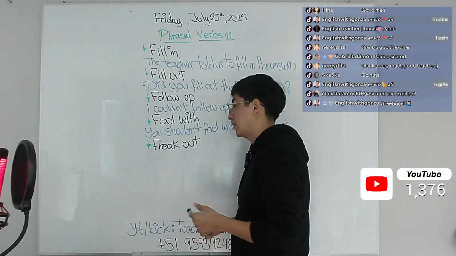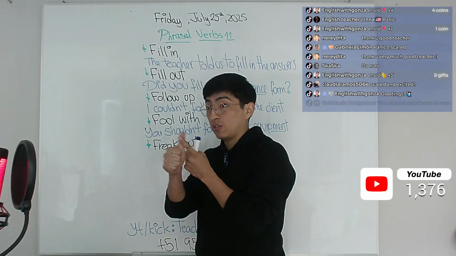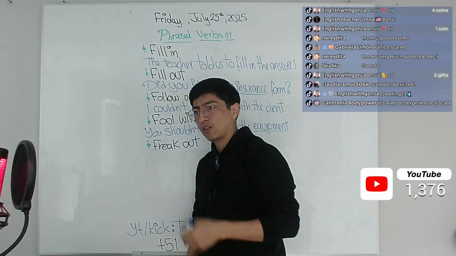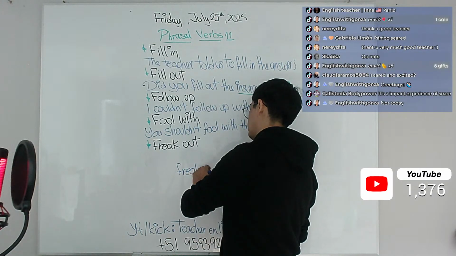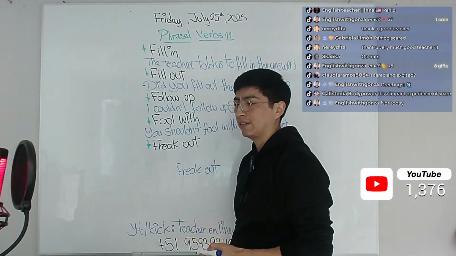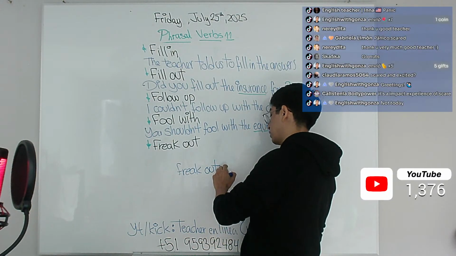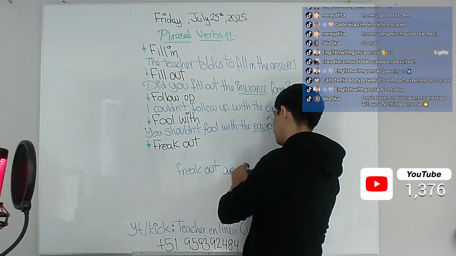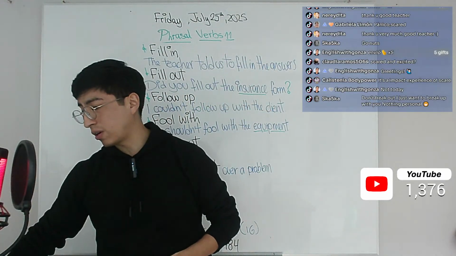To go nuts or experience a very deep emotion, maybe because you are scared or very excited. So, for example, you can say freak out, like go crazy, freak out over a problem.